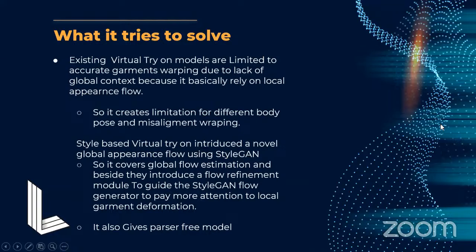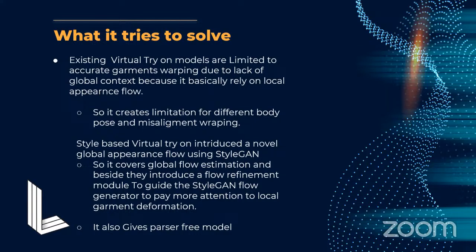So moving to the next slide, what it tries to solve. Existing virtual try-on models are limited in accurate garment warping due to the lack of global context, because they basically rely on local appearance flow. So it creates a limitation for different body poses and misalignment warping.